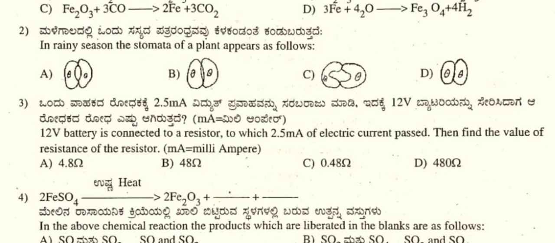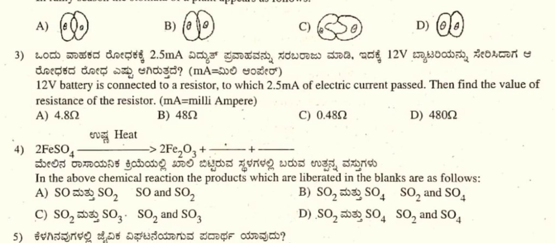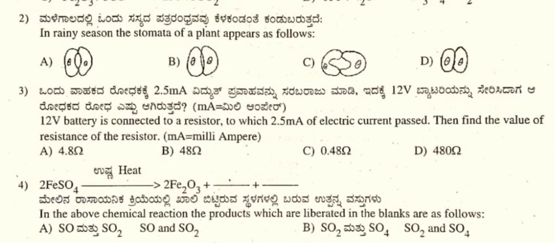Unlike the summer, where the stomata will be closed in the night, and in the daytime it will be opened to facilitate the transpiration and also to facilitate the exit of photosynthesis wastes like water vapor and oxygen gas out of the plant. Now C is the correct answer for the size of the stomata in the rainy season.